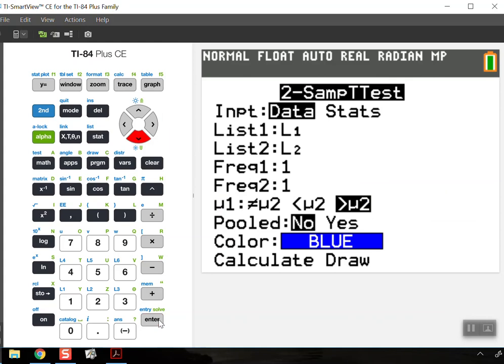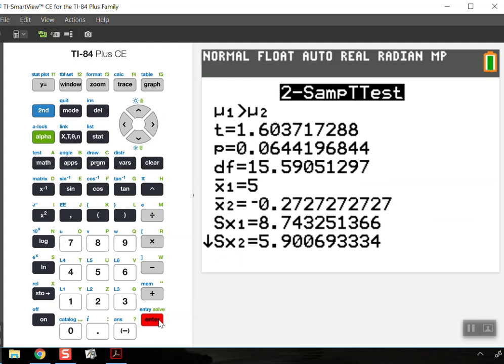Select no for pooled. Calculate. I get my t-value, my p-value, and my degrees of freedom here.